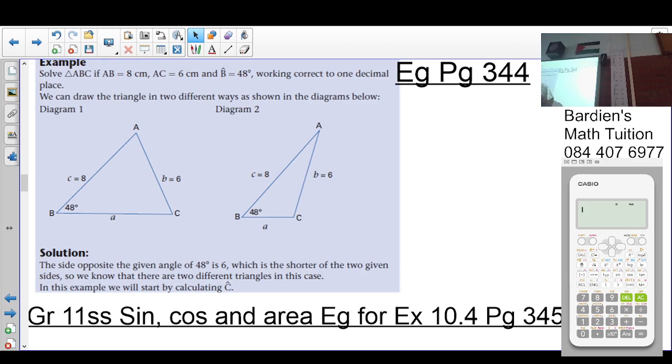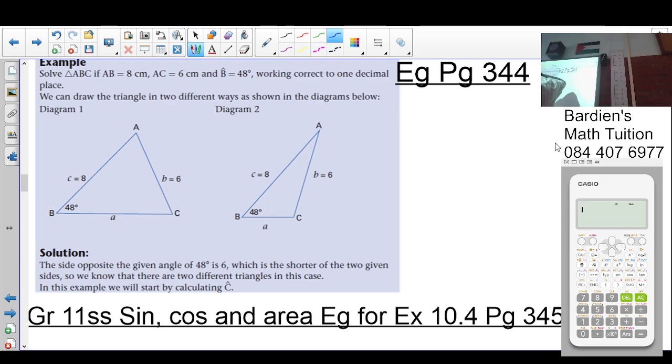For the solution, the side opposite the given angle is 6. As you can see here, the shortest length is opposite the given angle, so it's going to be the ambiguous case.